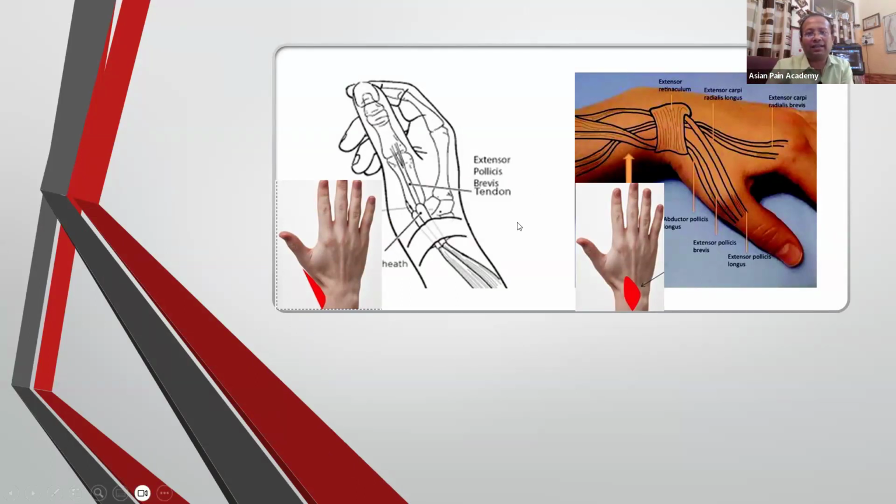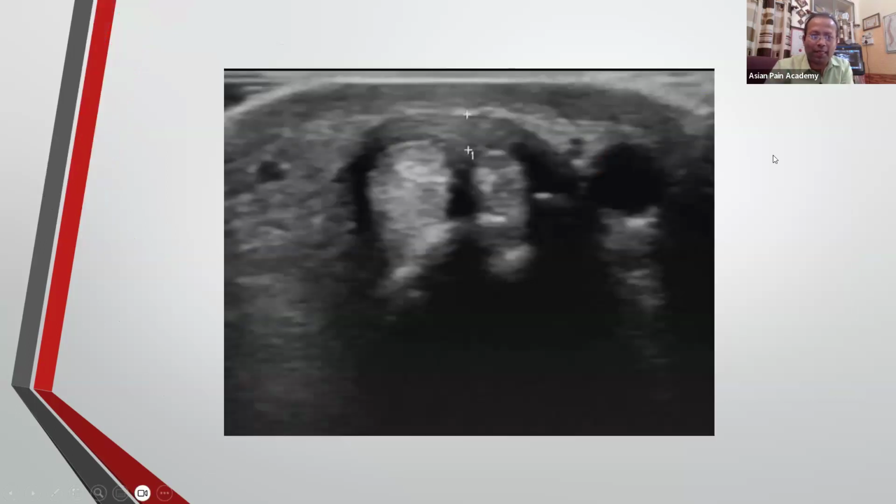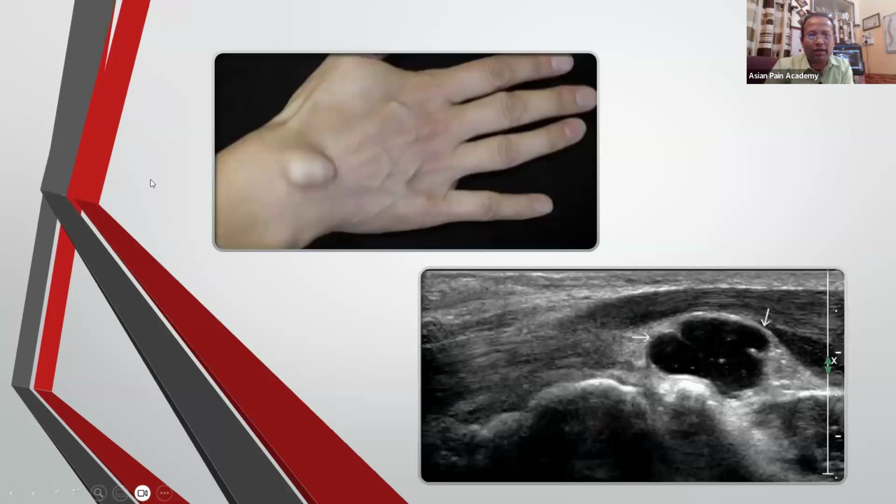If it is intersection syndrome, then pain is on the dorsal side, not on the side at compartment 1. So it always matches with the compartment. This is a picture of only de Quervain tenosynovitis. Okay, this is ganglion. In ganglion, there are different sources of the fluid.